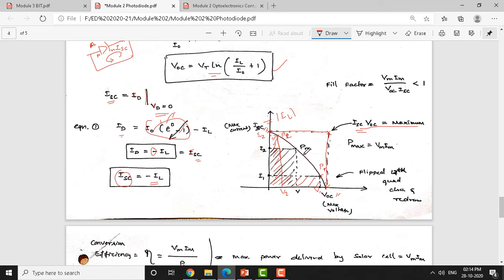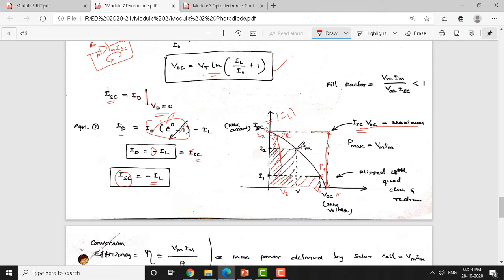Now, it all depends on which point you choose. The operating point must be chosen such that the region under this curve is maximum. So, for P2 or P1, the area under this curve is going to be small. Therefore, you cannot extract maximum energy by choosing these two points.